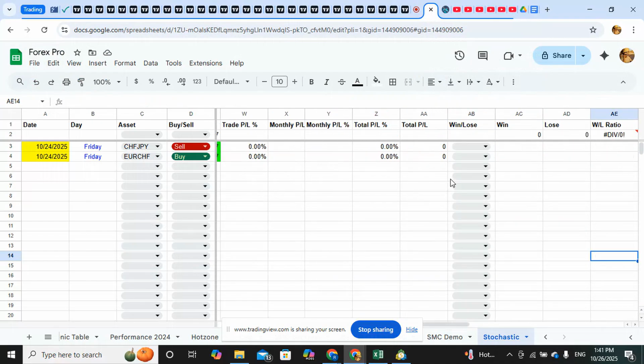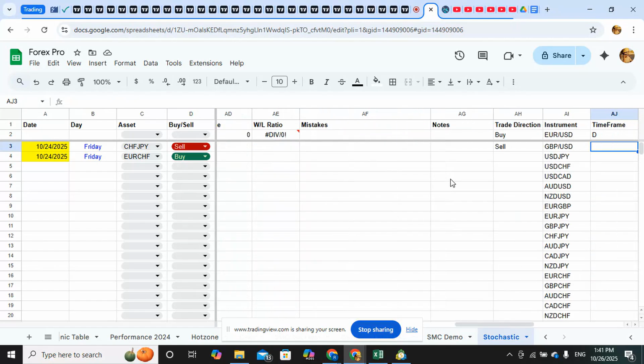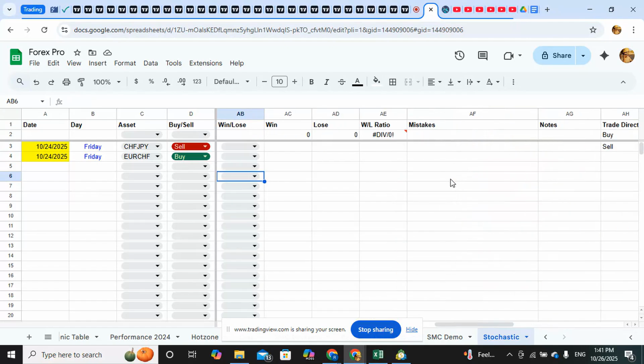And this is where I'm starting. My balance is, I started with the demo on $1,000 because when I go live, I intend to go with only $1,000 at the beginning and then see what happens. But I'm still on the demo. And these are the confirmations, and here I have mistakes and notes on each trade.